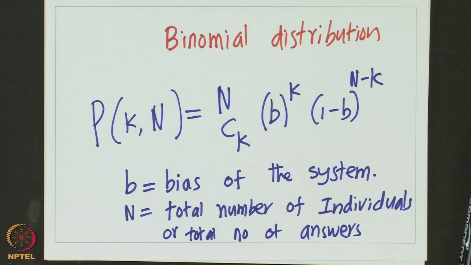Now what is bias? If things are completely unbiased, there is equal likelihood of getting a yes or no answer. For example, if you toss a coin, there is an equal chance of getting head or tail. So there the bias is half.